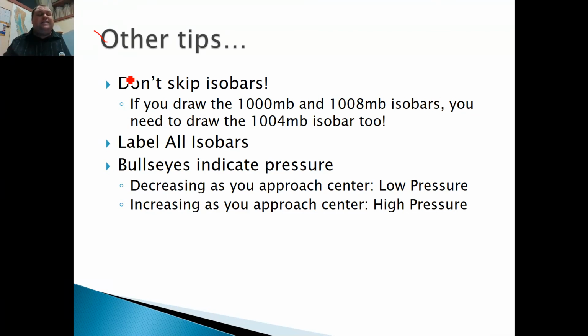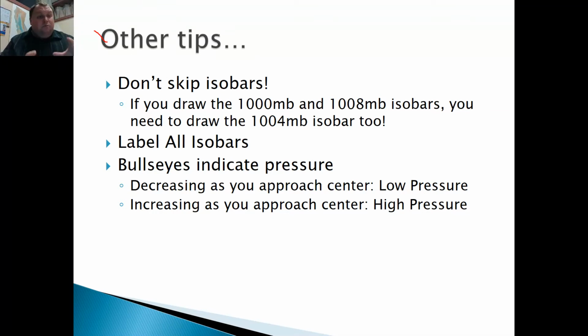That's important too. The last thing is if you see your isobars forming what looks like a bullseye, well, that bullseye will actually represent either high pressure or low pressure. How do you know which is which? Well, this is why you want your isobars labeled. If as you're traveling to the center of that bullseye, your isobar values are decreasing, you are approaching an area of low pressure.